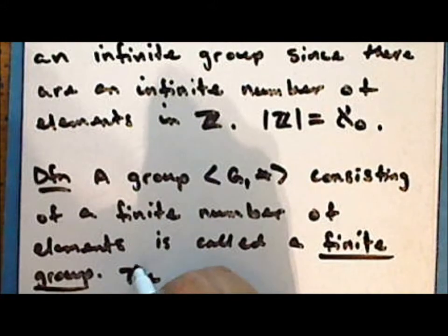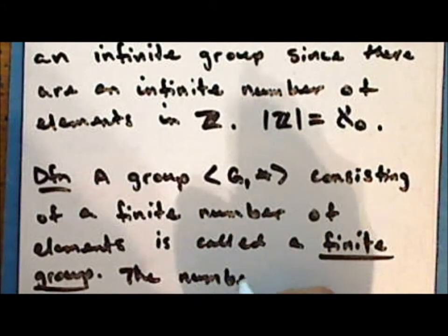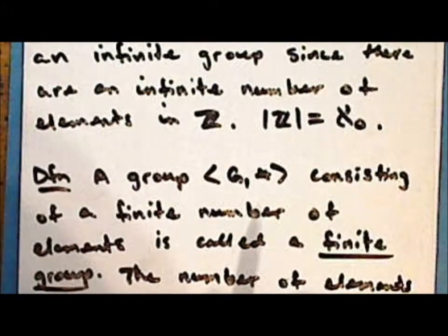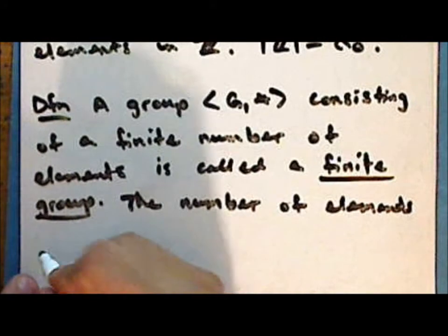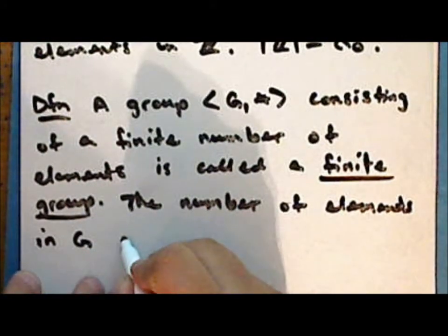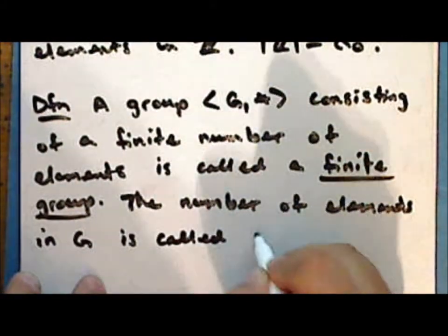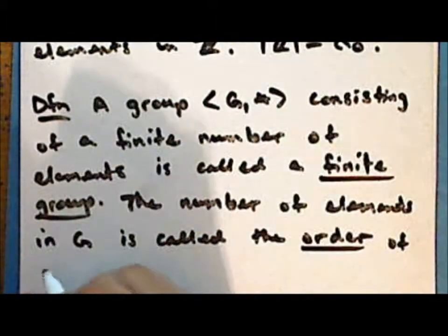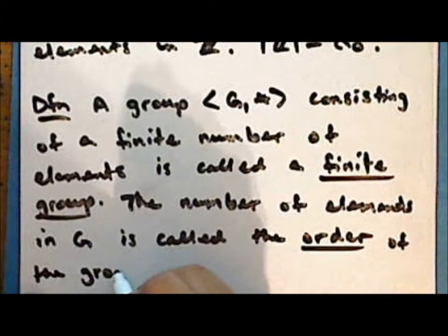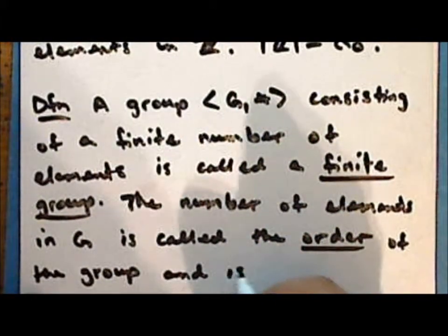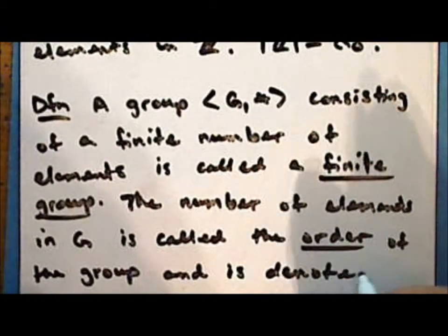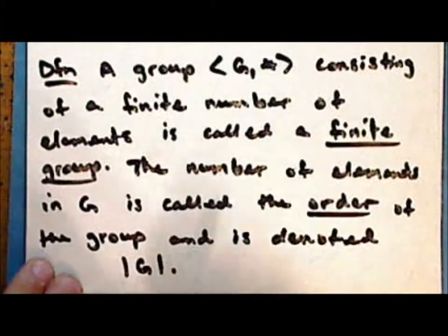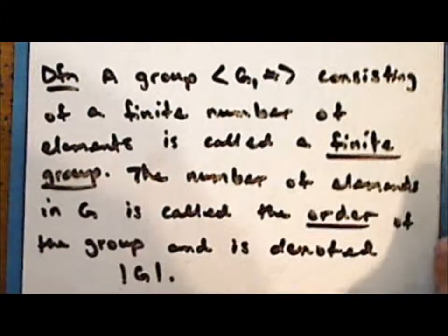The number of elements in the underlying set is called the order of the group, and is denoted using the symbol for the cardinality of the underlying set G.